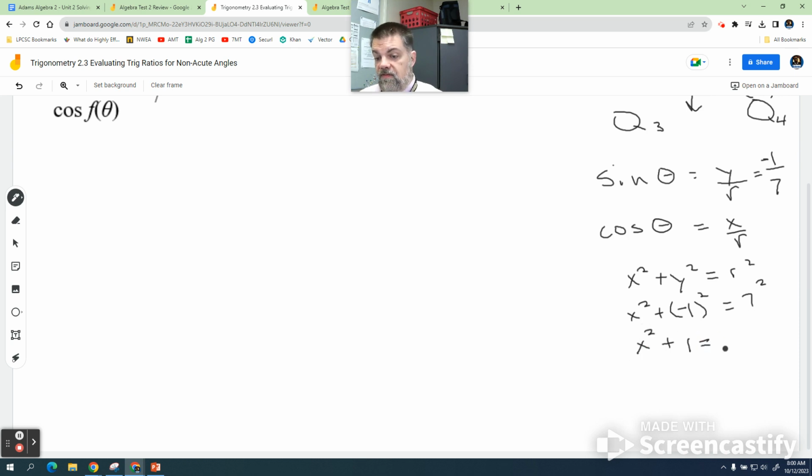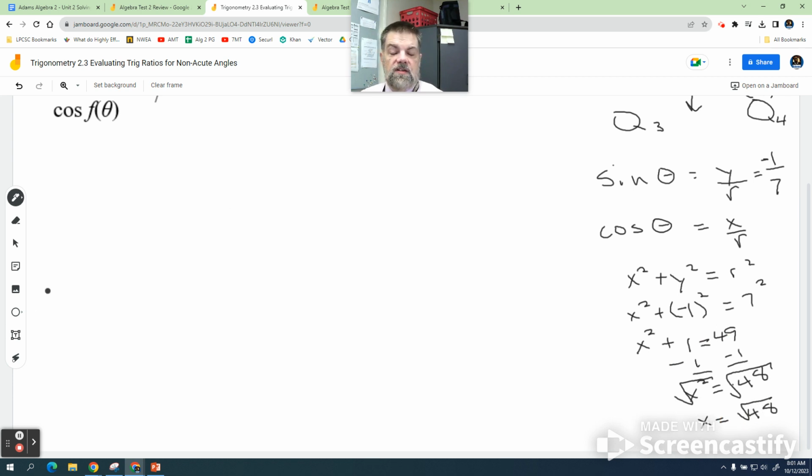And then 7 squared is 49. I'm going to subtract 1 from both sides, regular algebra, and I get x squared equals 48. I'm going to have to take the square root of both sides. Sorry about the sloppy handwriting. And I get x is equal to the square root of 48.